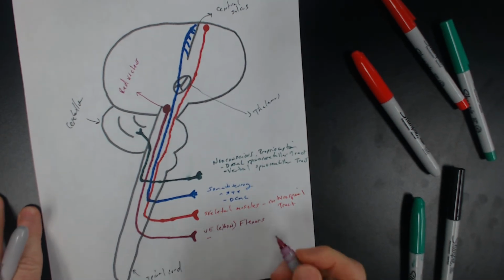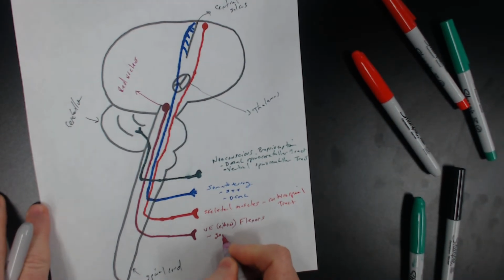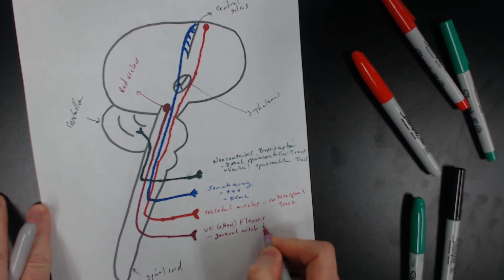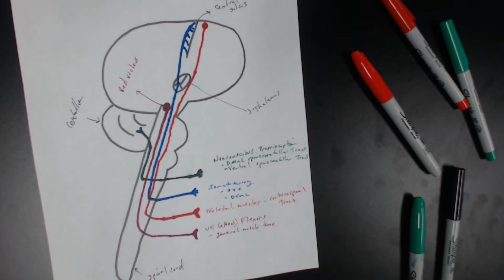The other thing it's responsible for is general muscle tone. If the red nucleus is doing its job properly, you have what's known as normal muscle tone. We'll talk more about what that means in neurorehab. That's a neurorehab question.